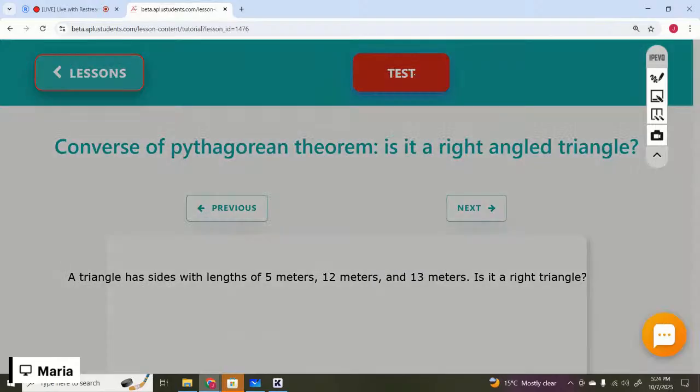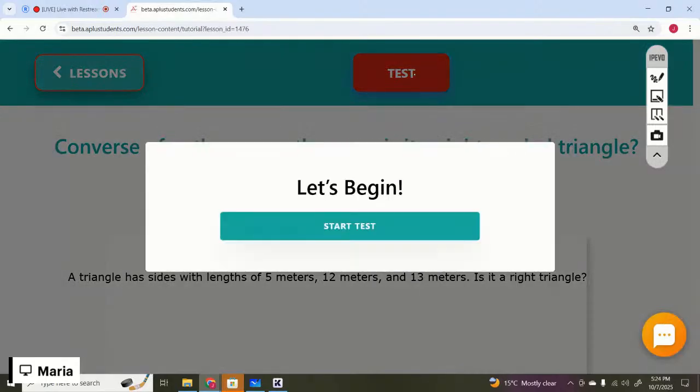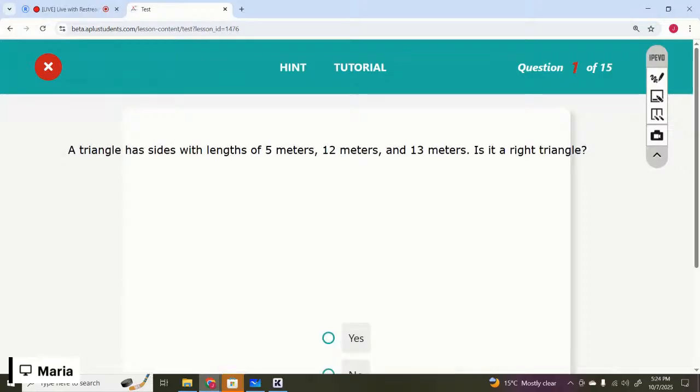Let's just start with the test questions. A triangle has sides with lengths of 5 meters, 12 meters, and 13 meters. Is it a right triangle?